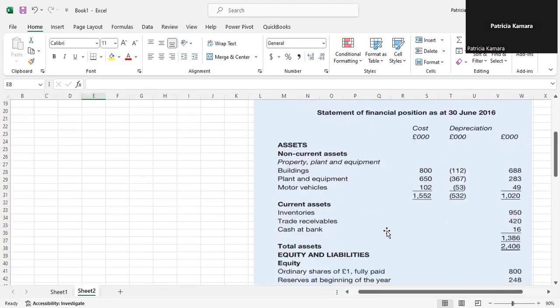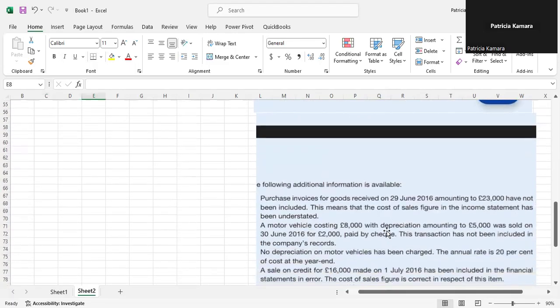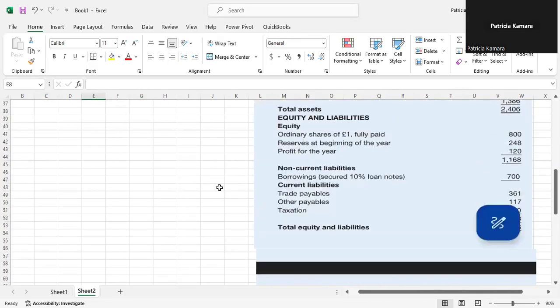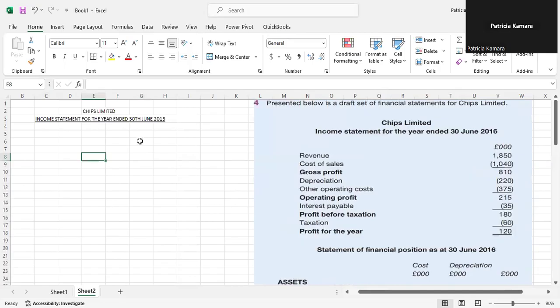We were asked that we should work in thousands. So the requirement says that we should work to the nearest £1,000. So we are going to work in 1,000.